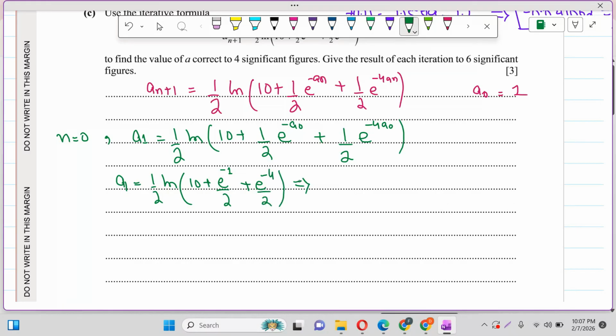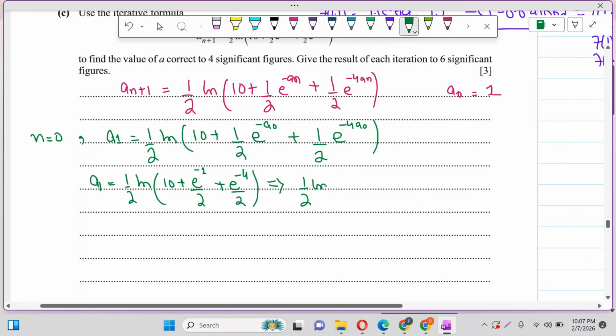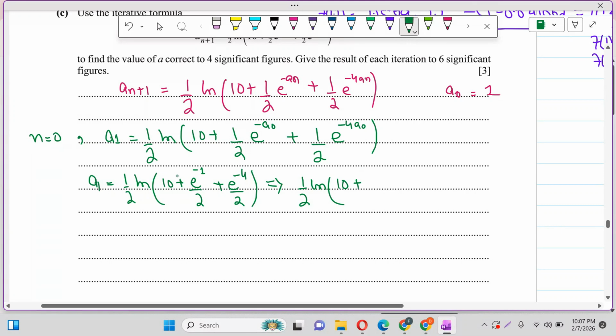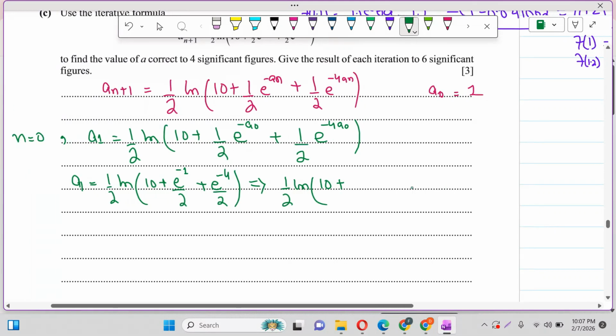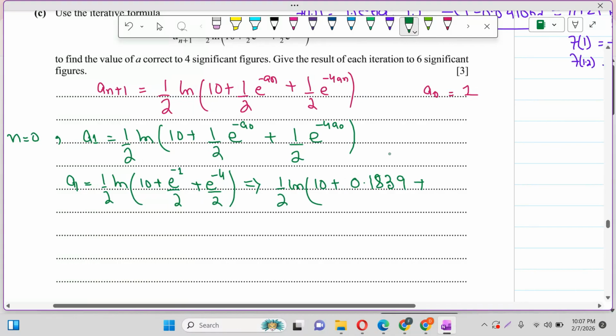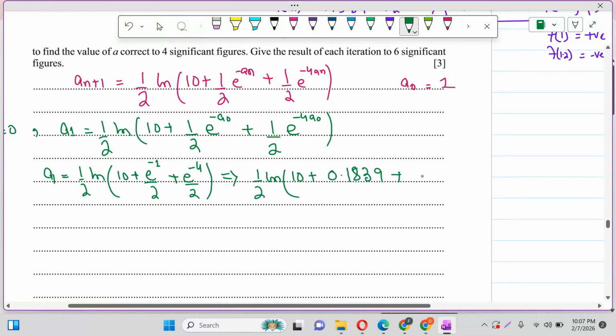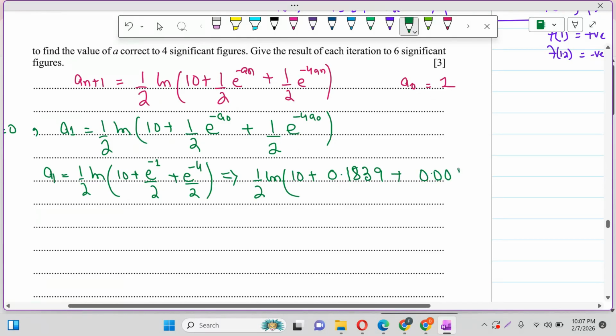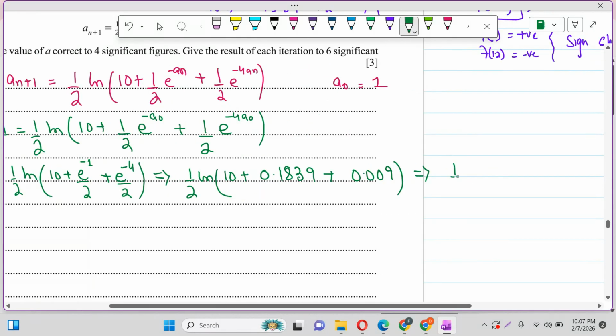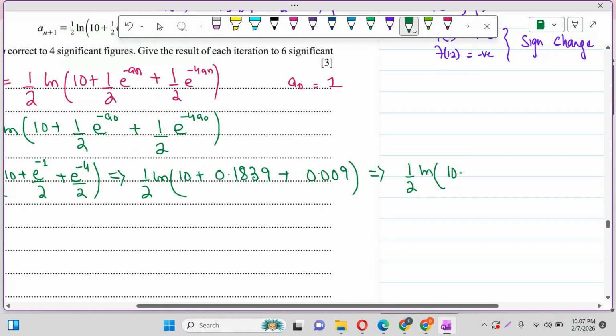Further solving we will have 1 over 2 ln 10, exponential of negative 1 over 2 is 0.1839, plus exponential of negative 4 over 2 is 0.009, half ln 10.193057.